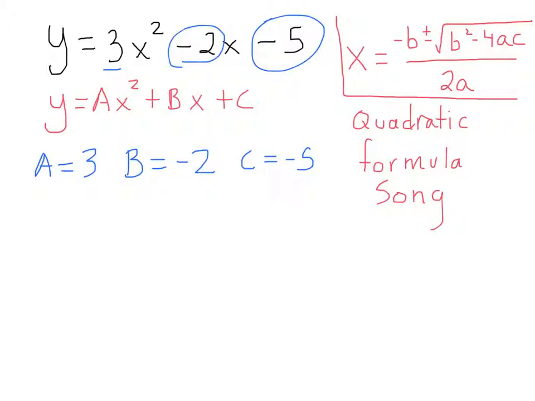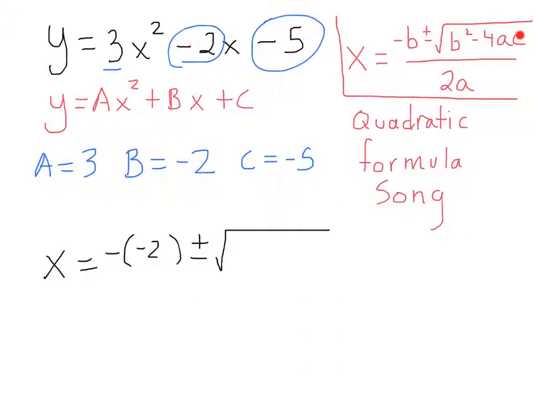So let's do that. x equals negative, and then I put whatever b is. b is negative 2. Plus or minus. The reason I have a plus and a minus sign is because there's going to be two solutions, and I'll show you how that works in a second. Now we've got the square root of, and you can see right here it says b squared minus 4 times a times c.